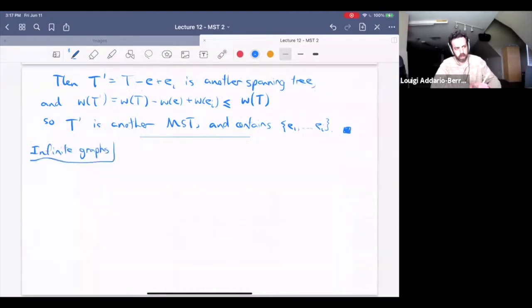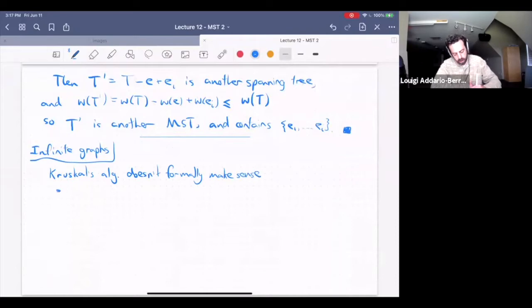Kruskal's algorithm has big problems on infinite graphs, at least naively. It doesn't formally make sense, because it starts by ordering the edges and picking the first one, right?